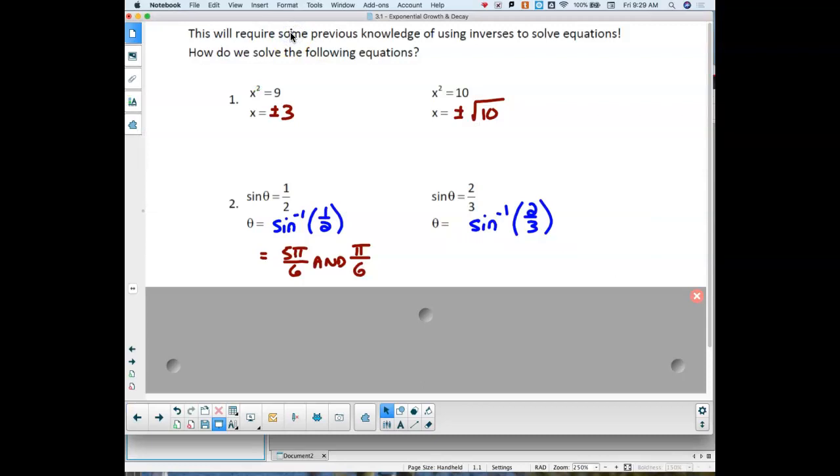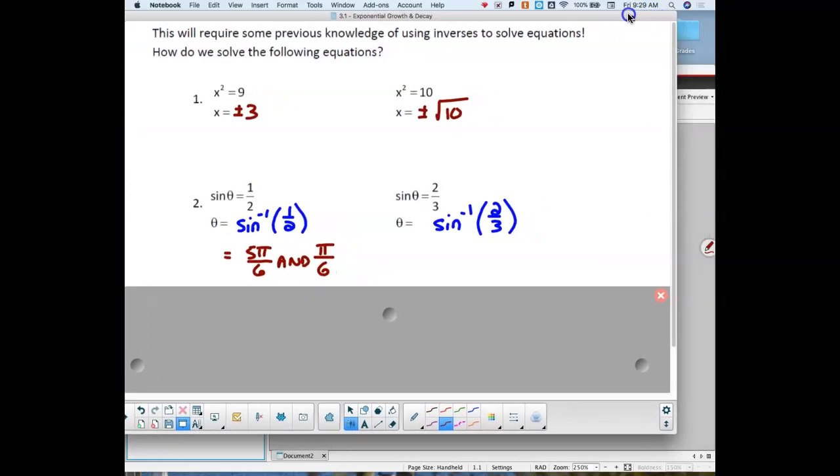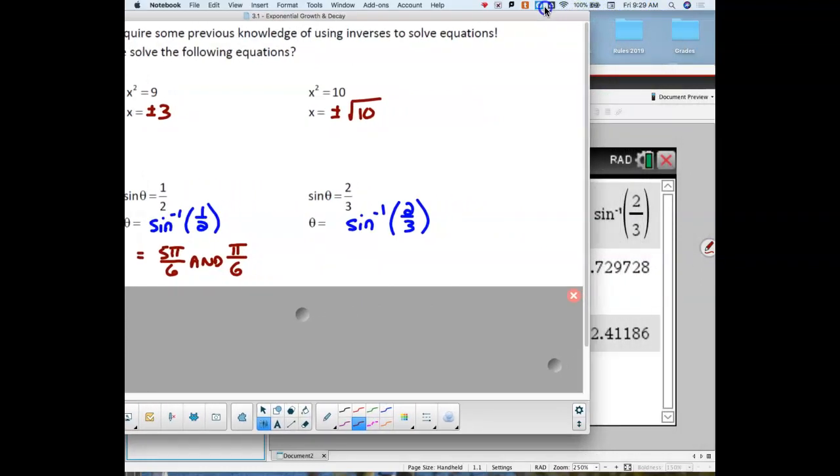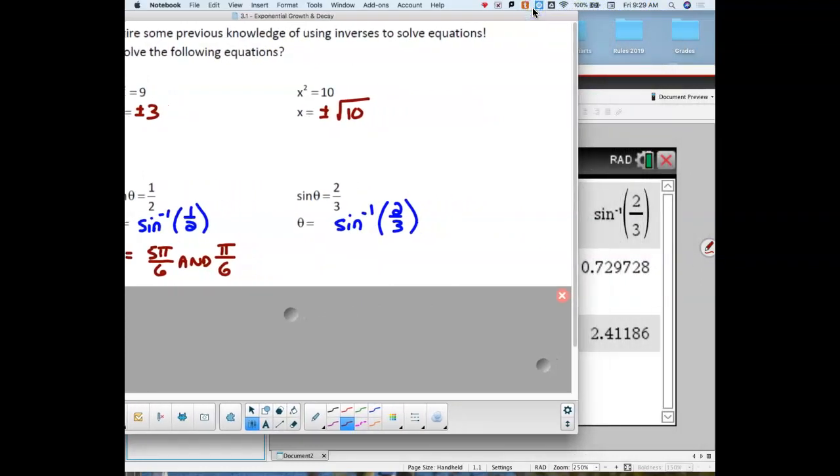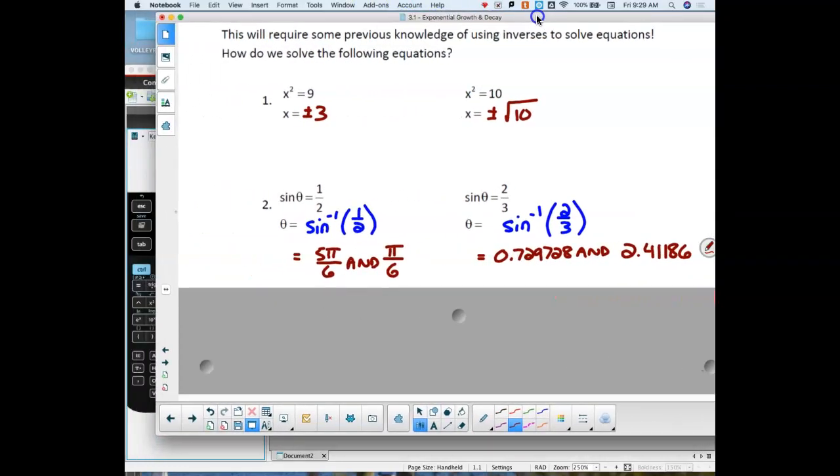So on this one, we got, now I forgot what they were. Move this over a little bit. There they are. We got theta here equaling 0.729728 and 2.41186. Okay?